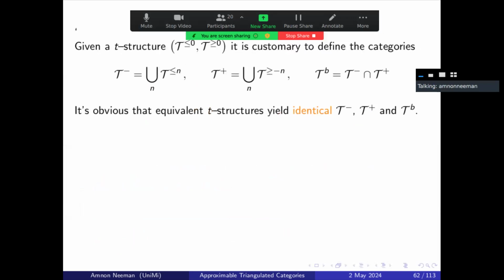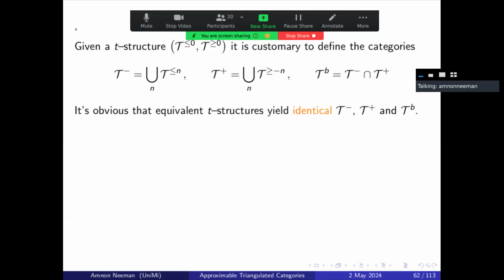Now, given any T structure, it's customary to define the negative objects, which is the union of the T less than or equal to n, the positive objects, which is the union of the T greater than or equal to minus n, and the bounded part of the T structure, which is T minus intersect T plus.